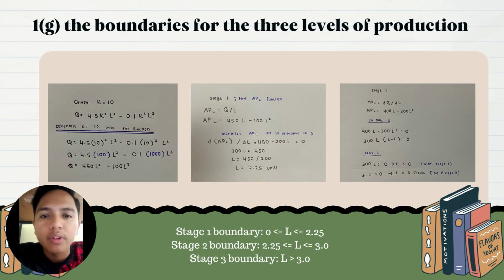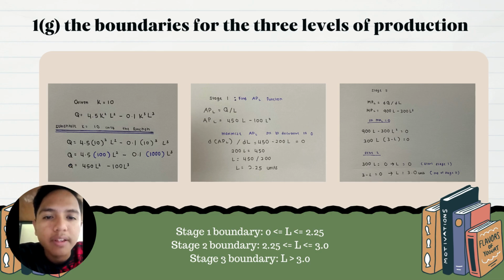Next we move on to the middle panel, which shows how we find the function and maximum point for the average product of labor, APL. To determine the stage 1 boundary, we find the APL function by dividing Q by L, which gives us APL equal to 450L minus 100L squared.